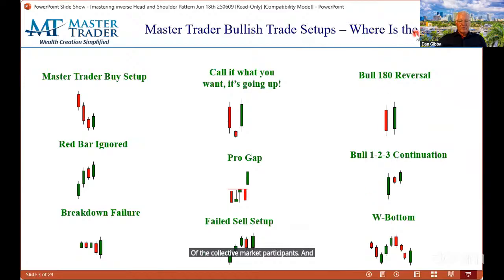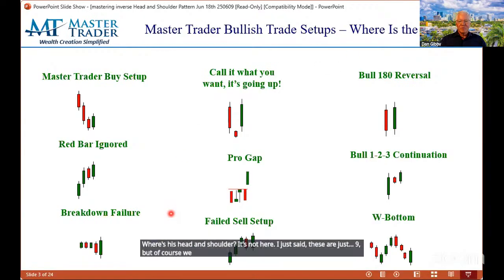And I write up here, okay, Dan, here's a buy setup, breakdown failure, W bottom, 123, 180, gap. Where's this head and shoulder? Well, it's not here. I just said these are just 9, but of course we have many more. We got sandwiches, we got measured moves, we got all kinds of things that Greg teaches in his full course.